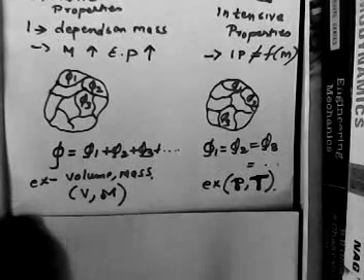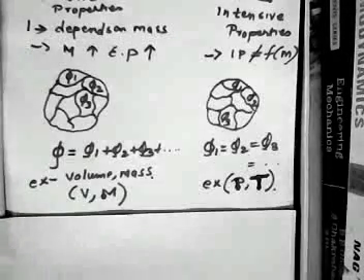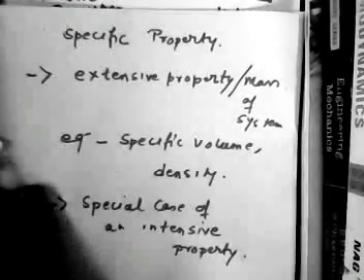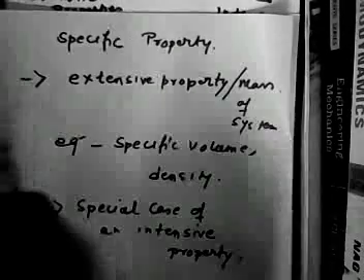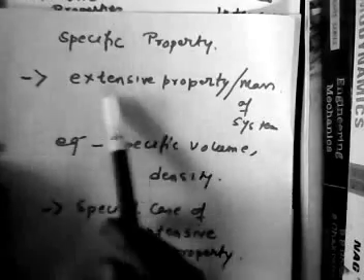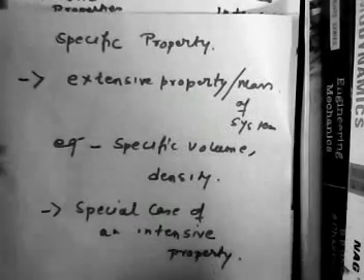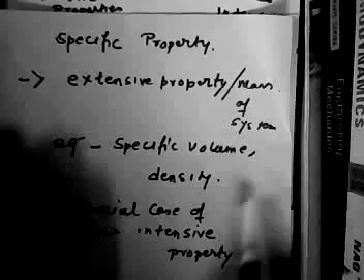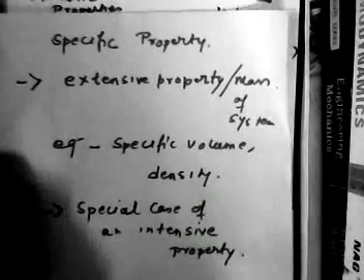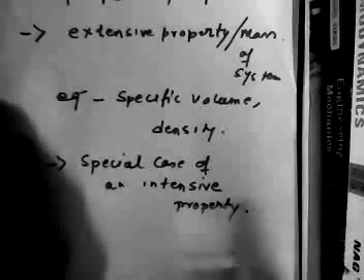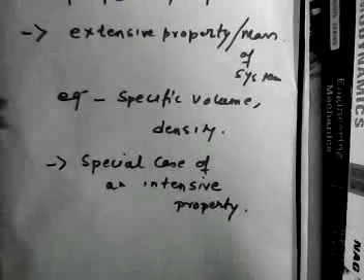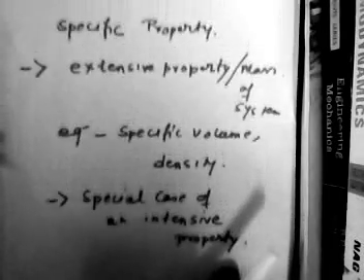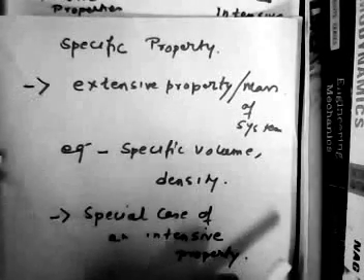Now what we're going to discuss is the specific properties. The specific property is basically the extensive property per unit mass of the system. Examples are specific volume and density. It is basically a special case of an intensive property, because we are considering it on a mass basis or volume basis, whatever it may be.